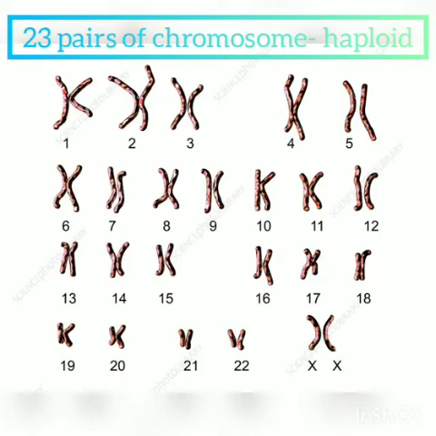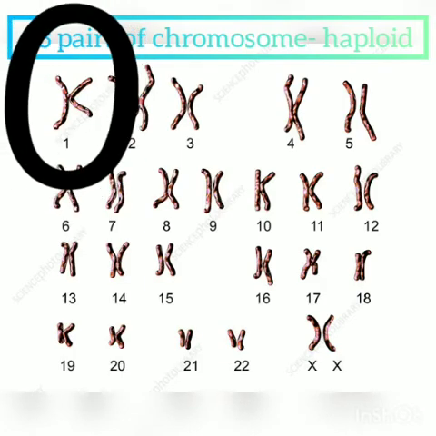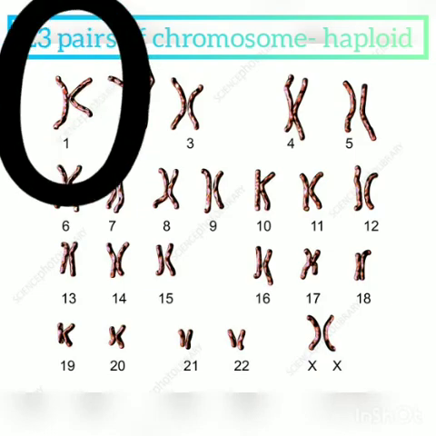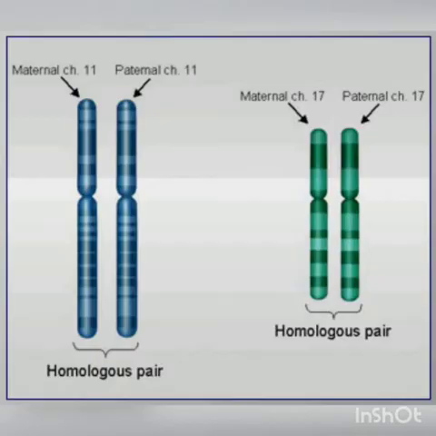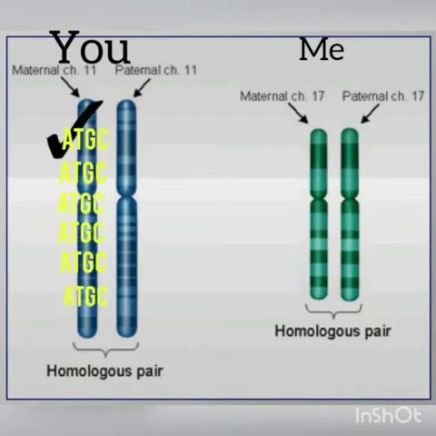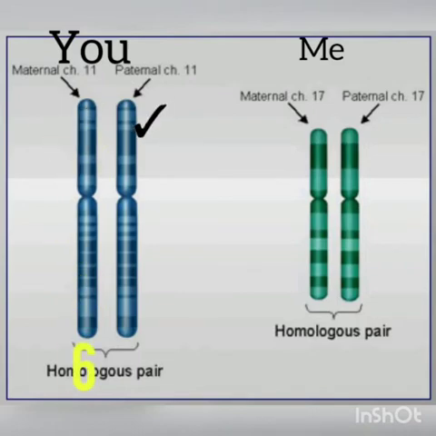Now, for example, let us consider only chromosome number 1 of your DNA and mine. Let the blue one be your chromosome and the green one be my chromosome. The first chromosome of the homologous pair will have the satellite DNA ATGC repeated 6 times, and the second chromosome of the pair will have ATGC repeated 3 times.